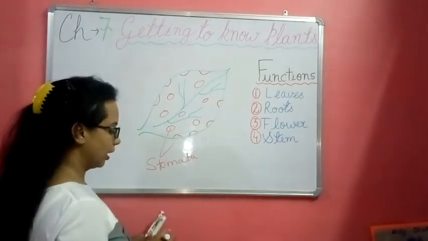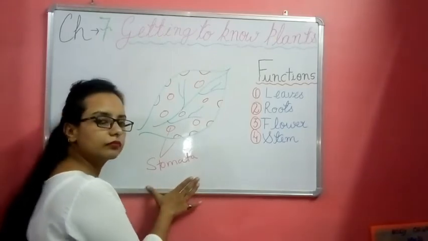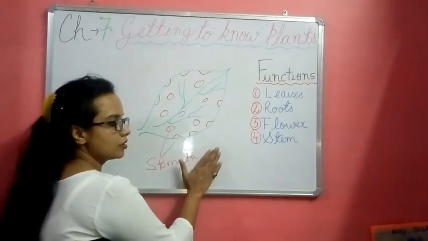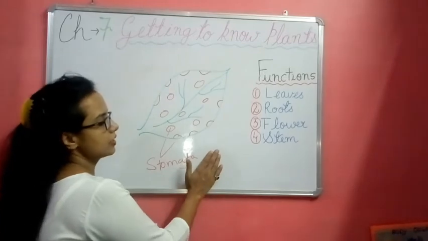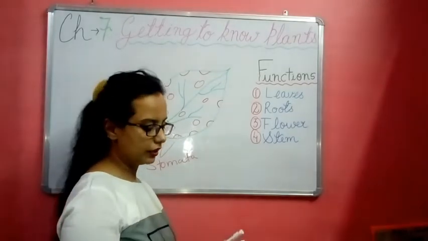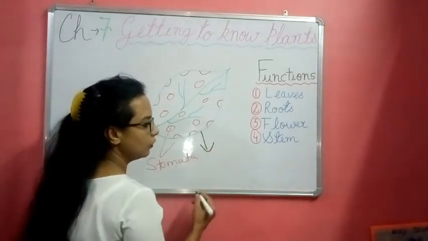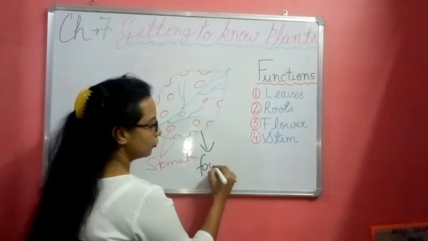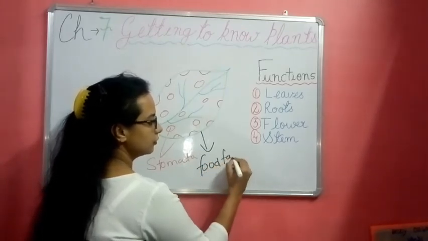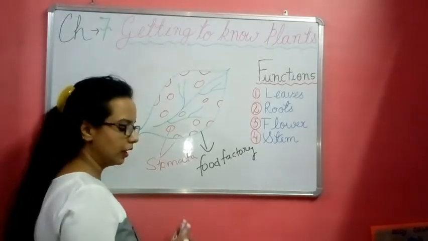Okay, and the leaves also help in the process of photosynthesis. So the function of the leaves is to do photosynthesis, and hence the leaves are known as the food factory of the plants.